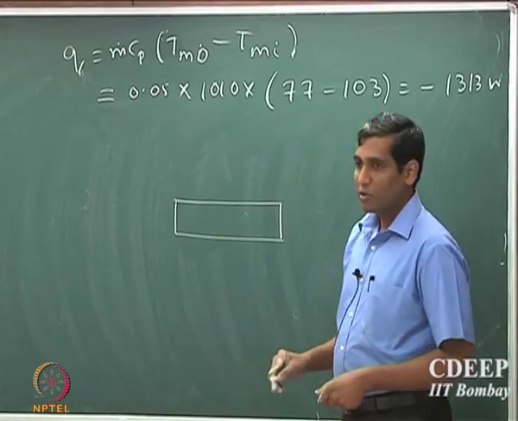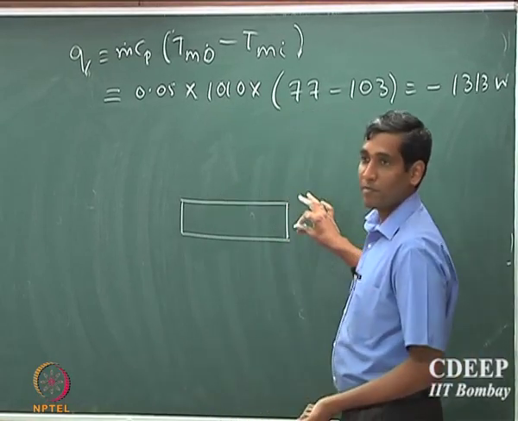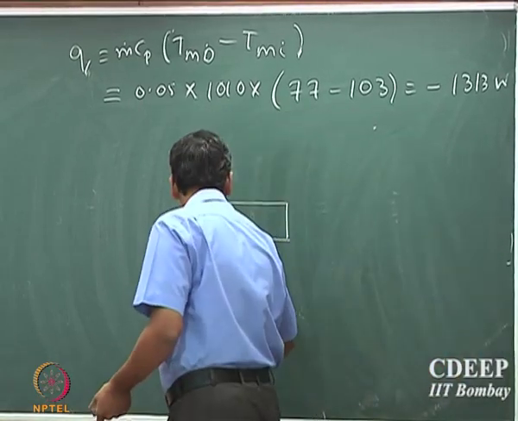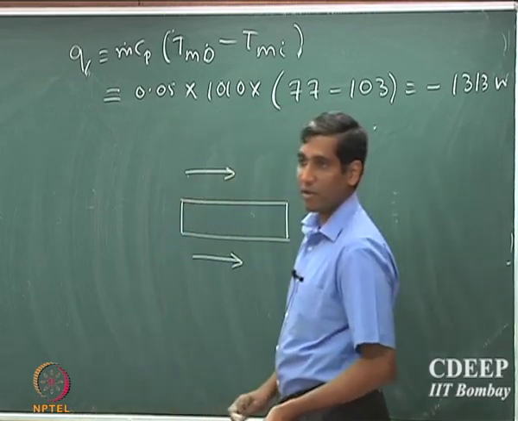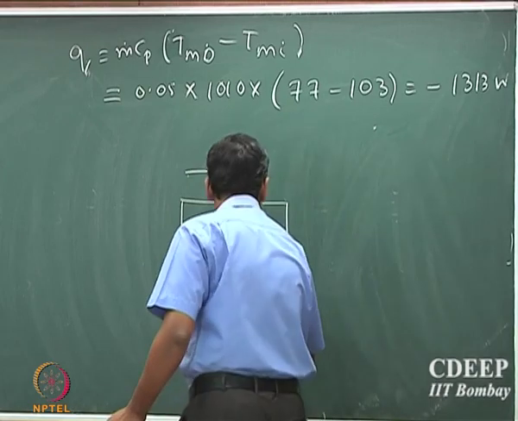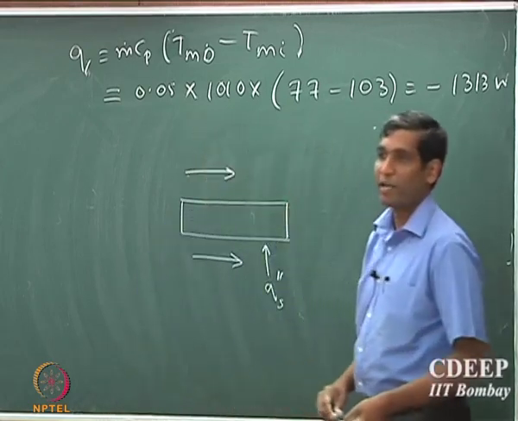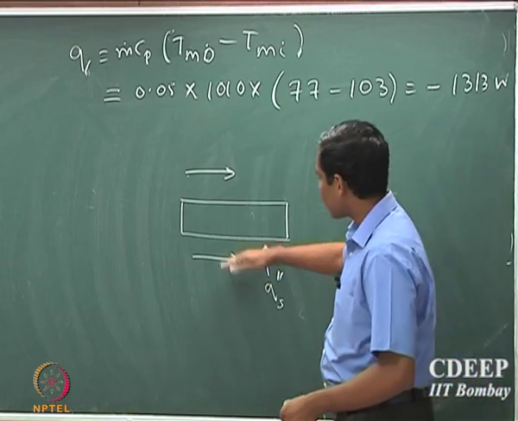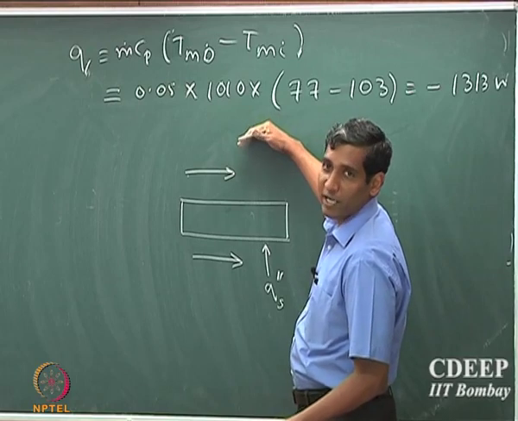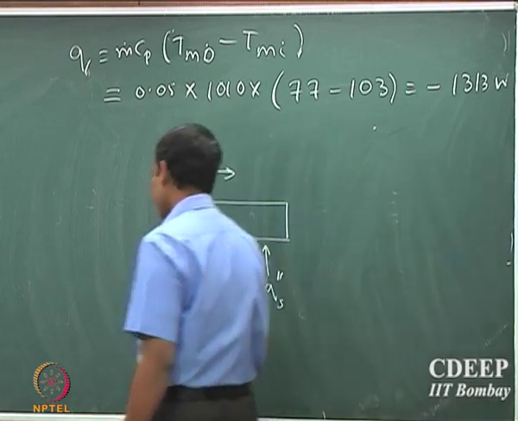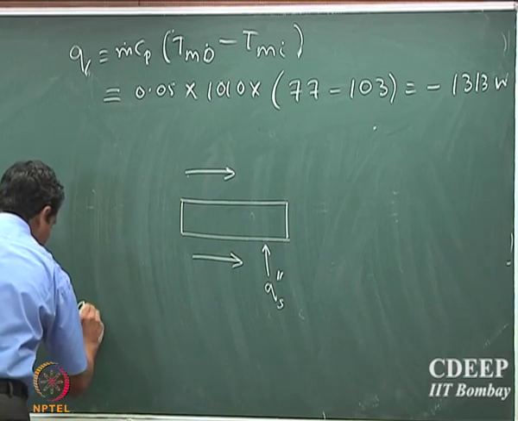The way to see that is, suppose you have a slab. There is one fluid flowing here, and another fluid on this side. Whatever flux of heat transport there is, is what is transferred to the wall, and from the wall it is transferred to the fluid outside. So I assume that the resistance offered by the wall for conduction is negligible.